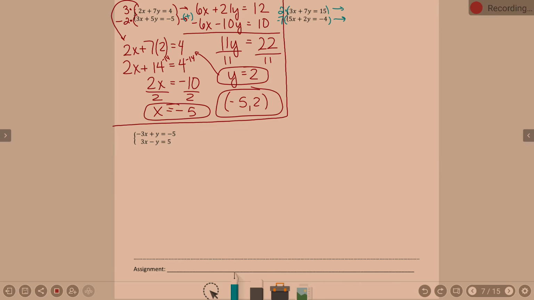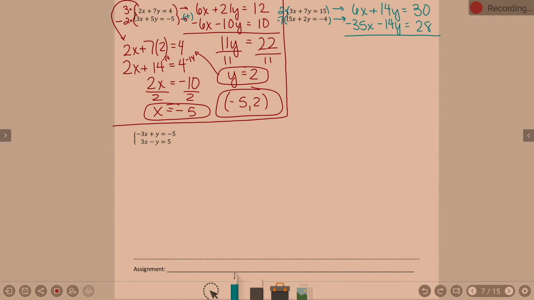It becomes 6x plus 14y equals 30. My bottom equation, multiplying by negative 7: negative 35x minus 14y equals positive 28.